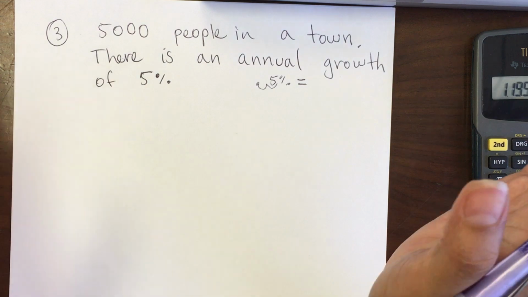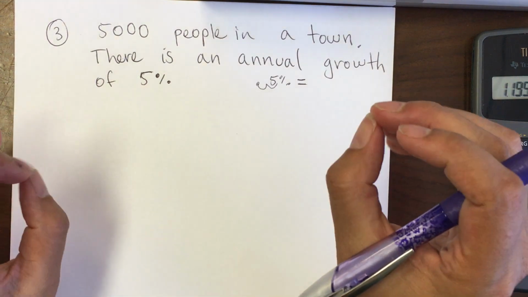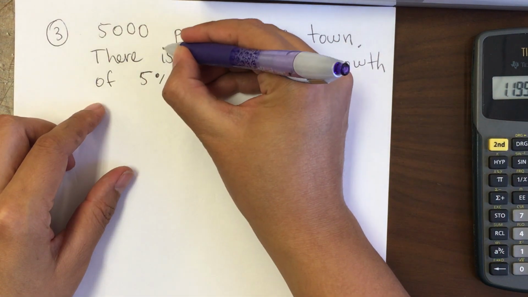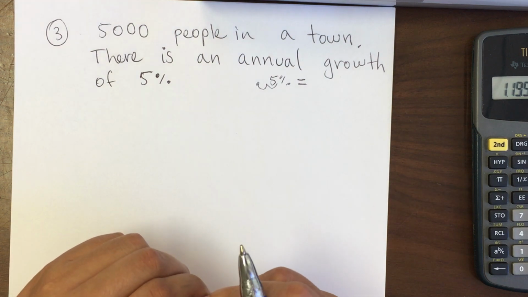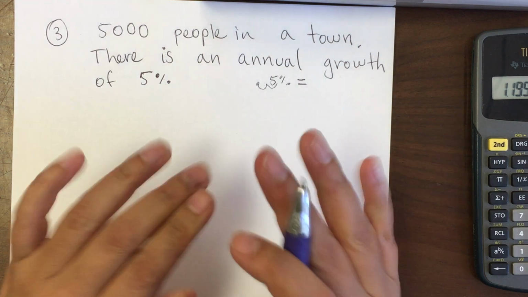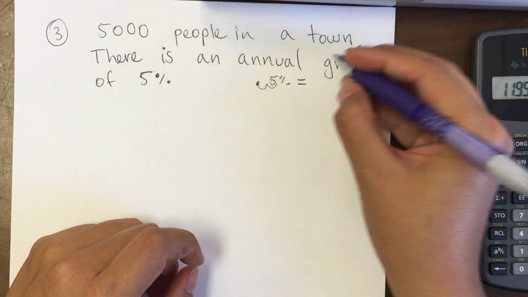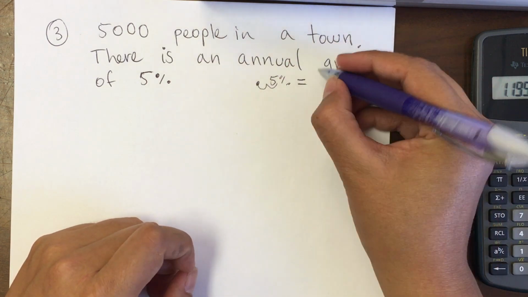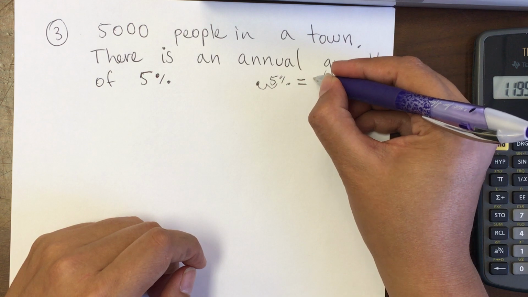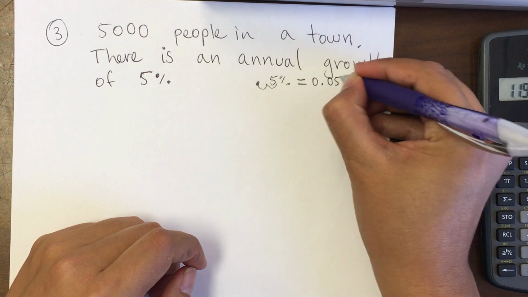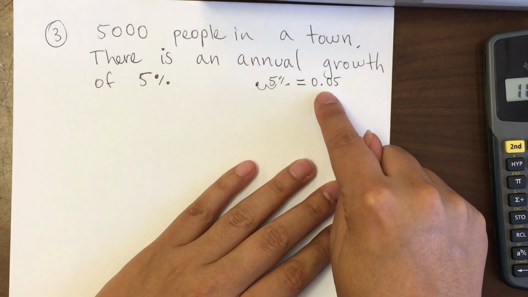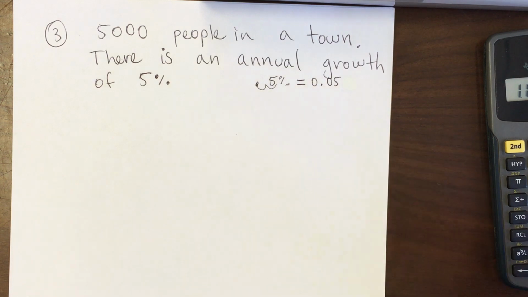For now we're not going to divide by 12 months, because we're not yet talking about growth every month. So we're not dividing by 12. All we're doing is moving the space, and it's going to be 0.05. 5% is the same as 0.05 in decimal form.